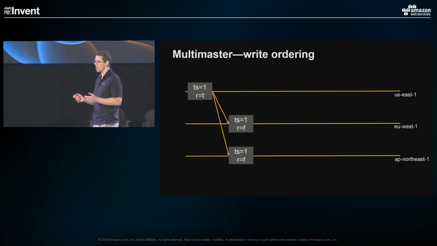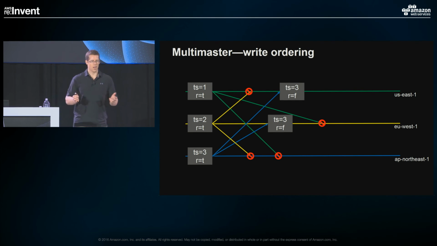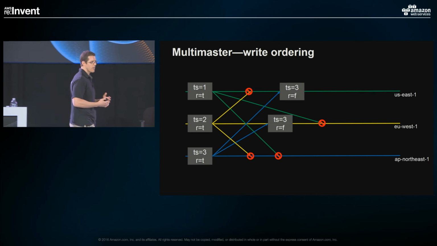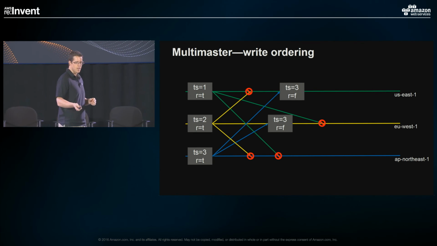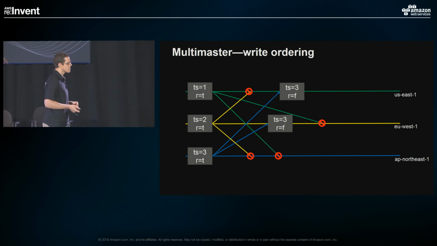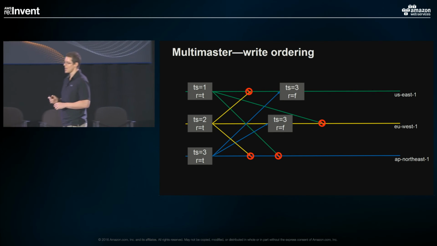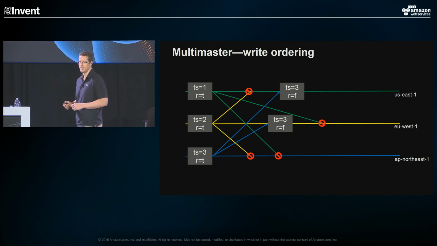But if somebody's doing curl requests to different regions or something's going on, again, we want to handle it, and we want to end up with a system with the same data everywhere. We do not want entropy. So this is an example of 3 concurrent writes to 3 regions and how those resolve. One thing to note is this slide is technically incorrect. Timestamp 2, when it replicates up to US East 1, should have succeeded.